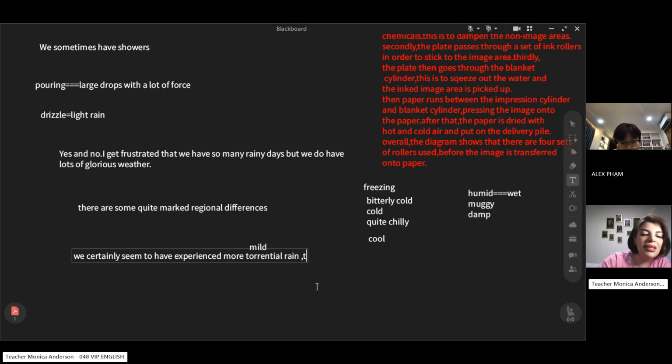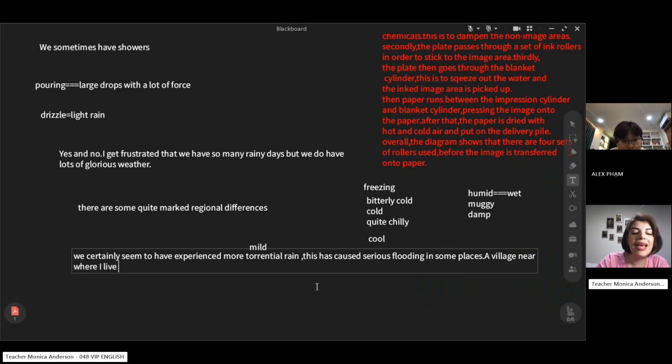And this has caused serious flooding in places. For example, a village, a valley, or somewhere near where I live had a sudden flood, a flash flood.